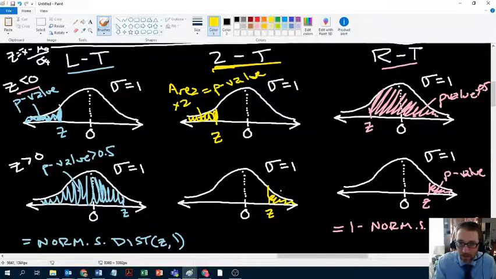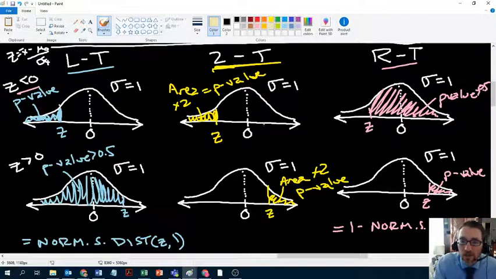So it's going to be this area times 2. That's going to be your p-value. Because essentially what you're testing is not just that area, but also the equivalent area on the other side, right? So instead of adding these two values together, you can just double the area you have because you just want to know what's the chance that you would end up that far or farther away.